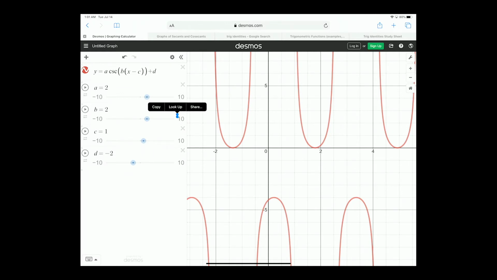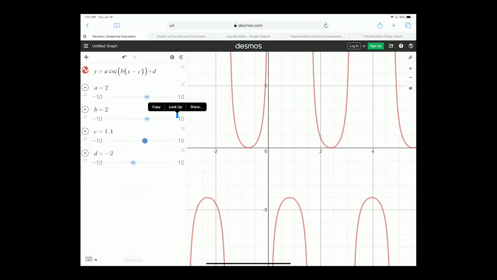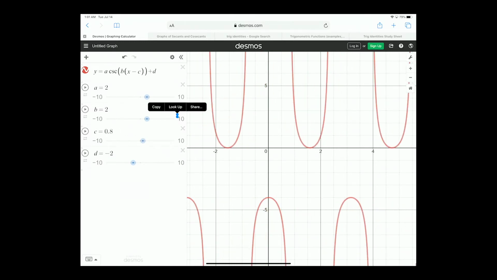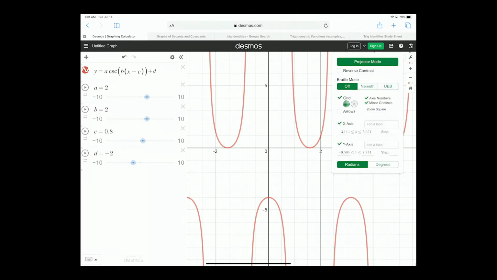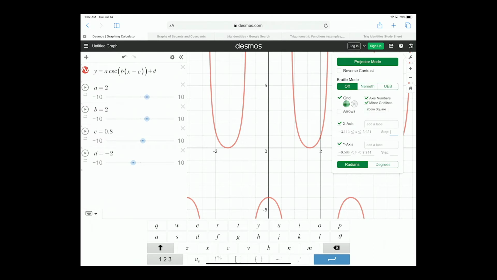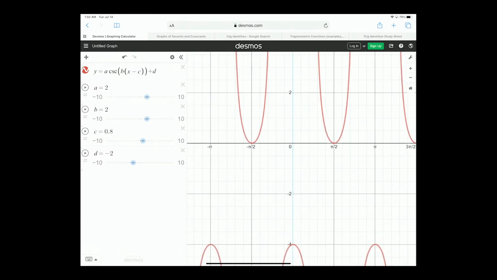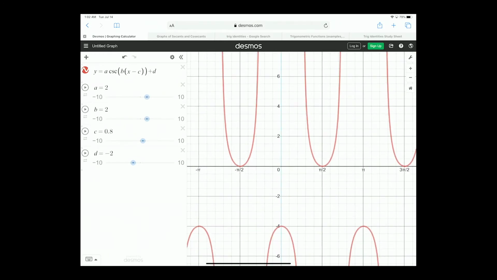But we need to be able to slide this to the right place. If I click on the wrench up there in the corner and change the x-axis, I put a pi there. That's just to make it start labeling things in terms of pi.